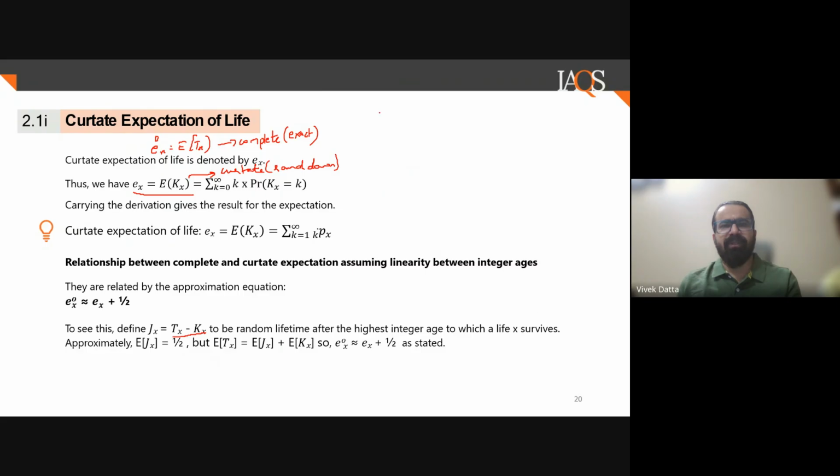In UDD, what do we assume? Deaths are uniformly distributed. So I can say that on average, they happened in the middle of the year.